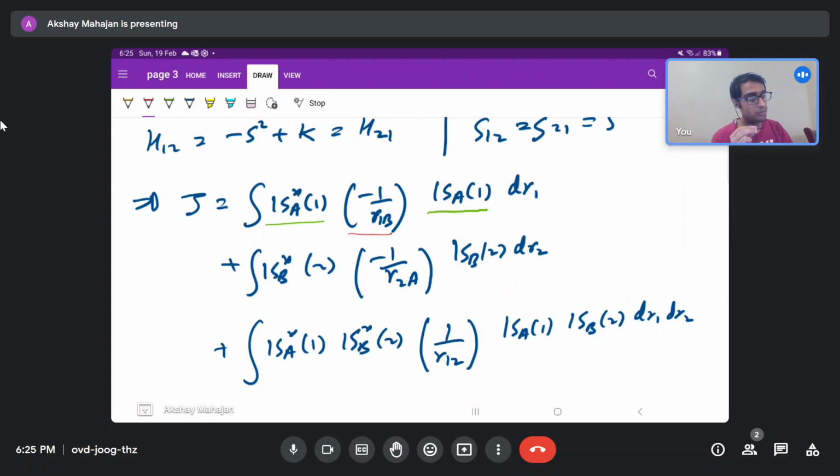So this term represents the interaction of the electron density on atom A with the nuclear charge on atom B.